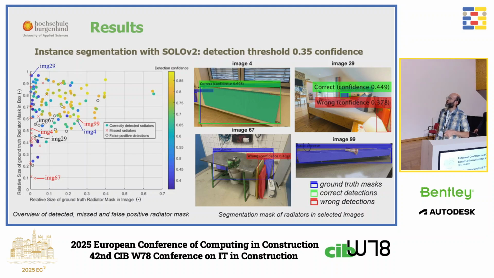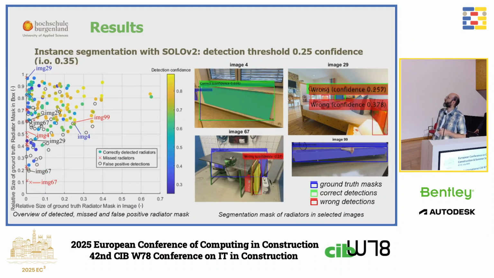This is in the lower part of the diagram, more than 50% hidden, some like this, and also the black circles, some false positives.